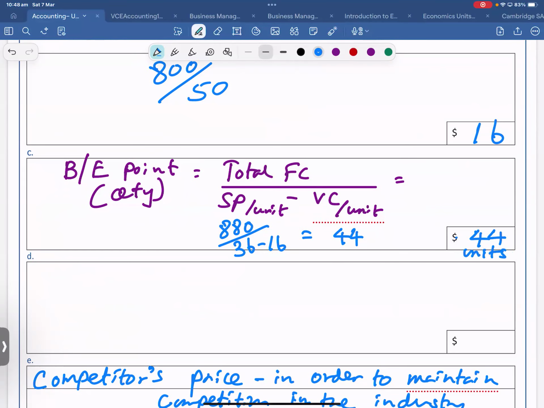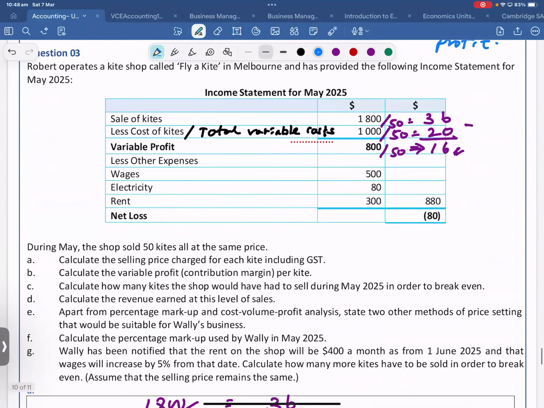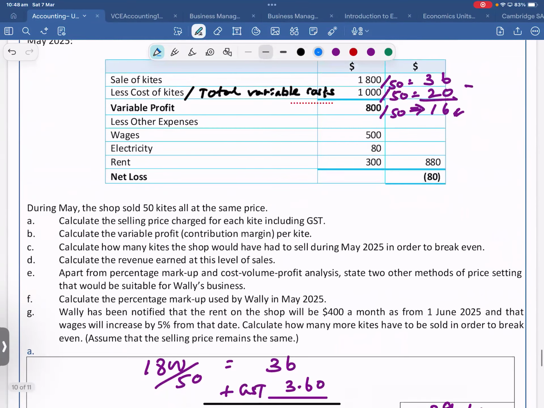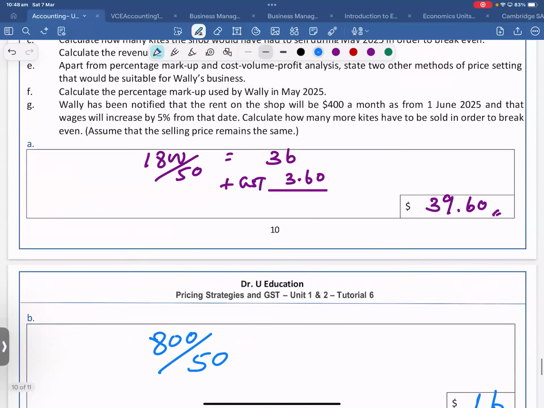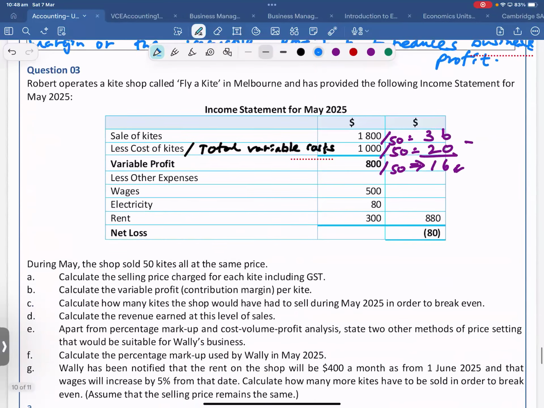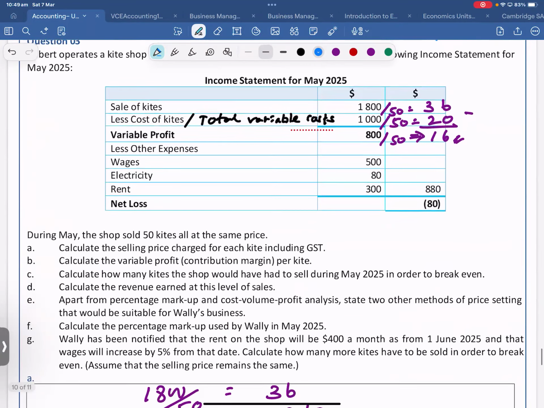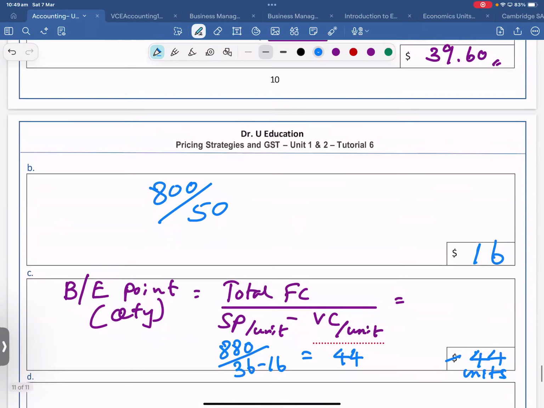And then the next one is 44 times 36. This is asking for the revenue earned at this point of sales. Hold on, there is something wrong.